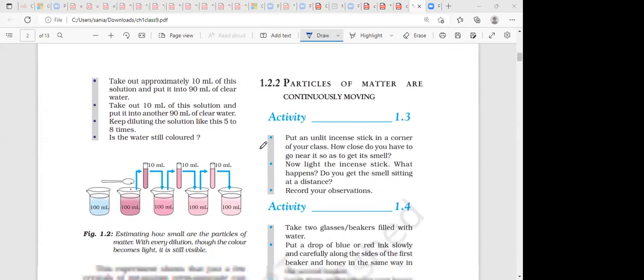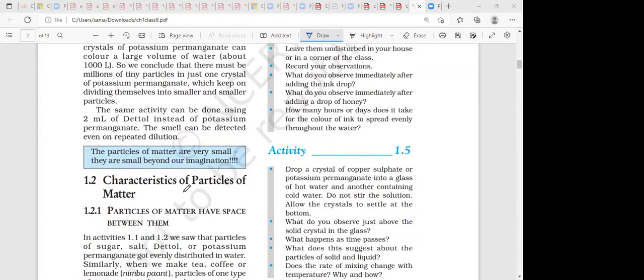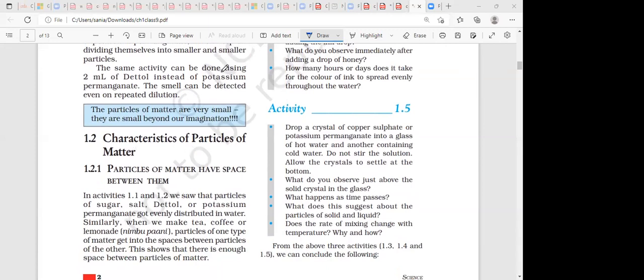Then you'll write characteristics of particles of matter. Okay. So first you'll write: particles of matter have space between them.